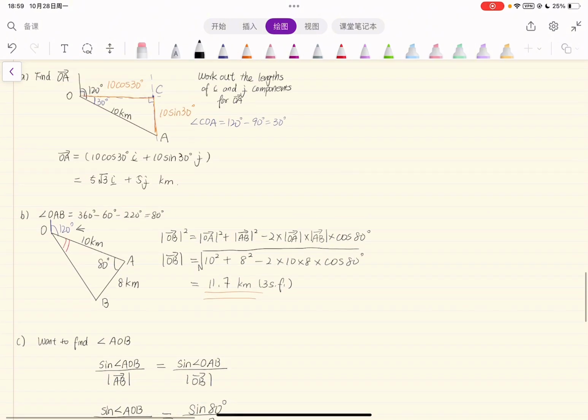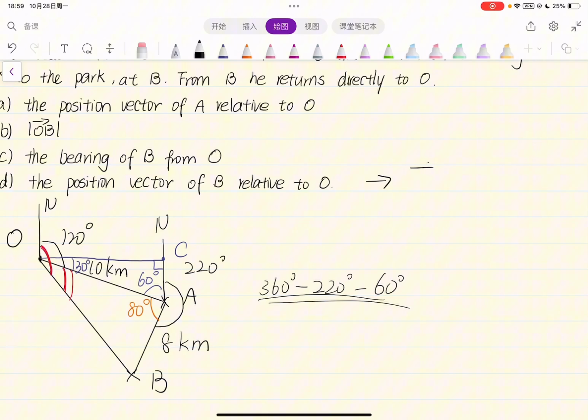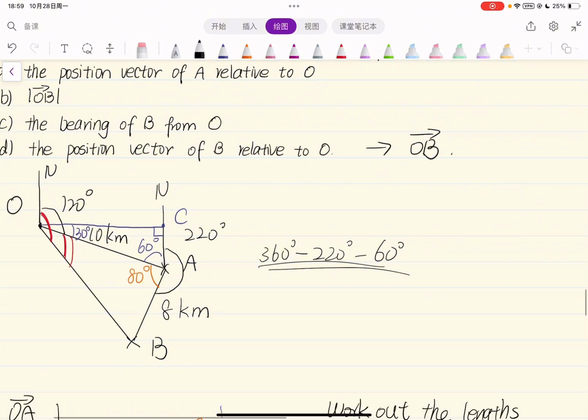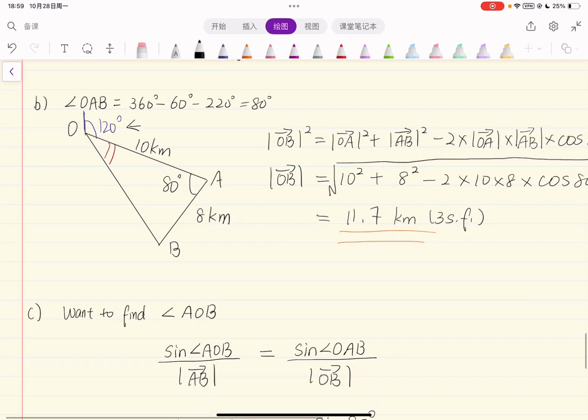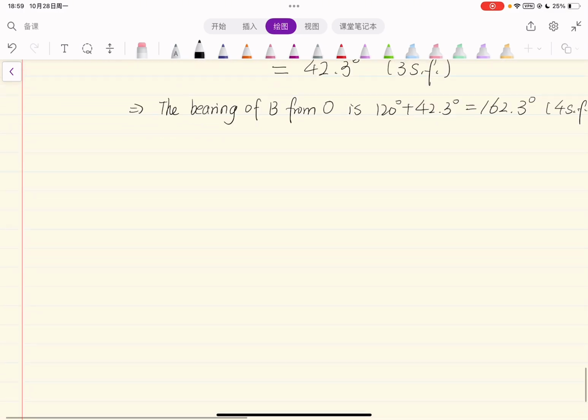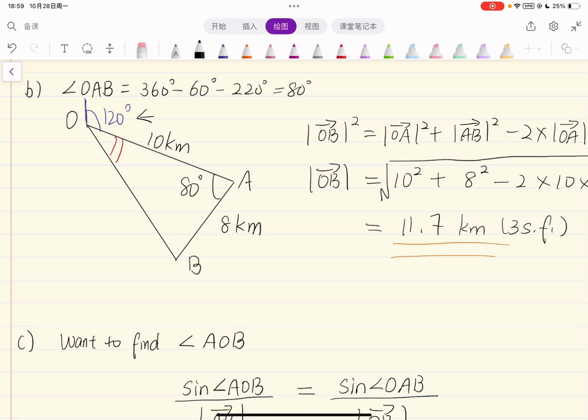Now let's move on to see the part D question. It asks you to find the position vector of B relative to O, which means you need to find the vector OB. Let us see. So we still have this triangle over here, the angle OAB. And we want to find the vector OB, which means you need to work out the length of the i and j components for the vector OB.